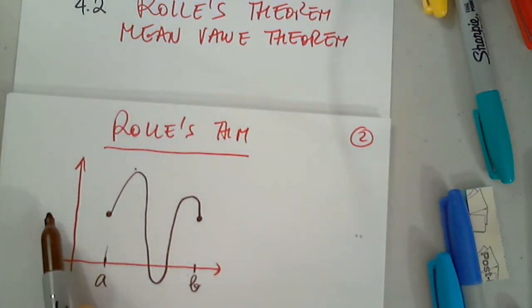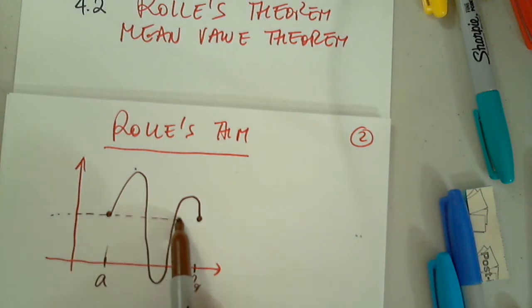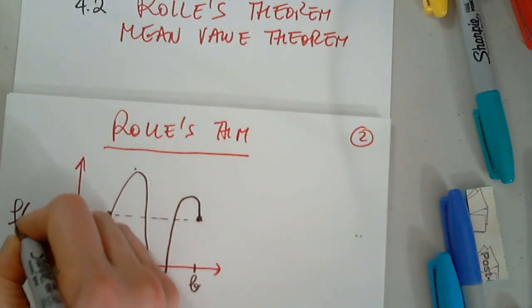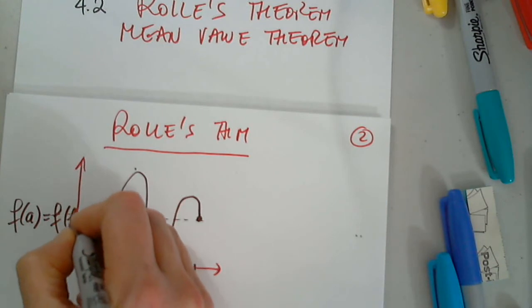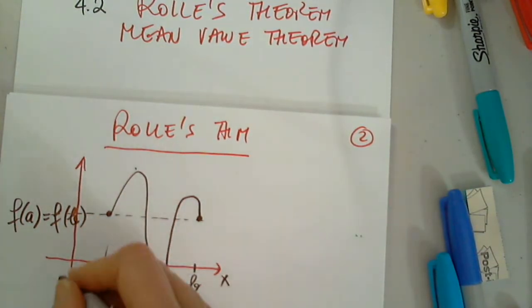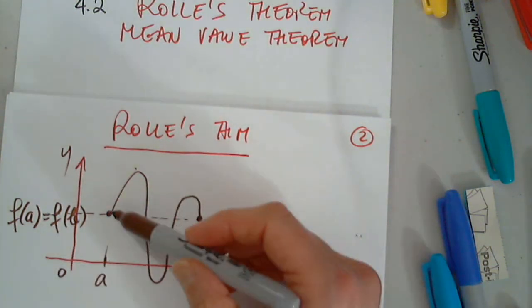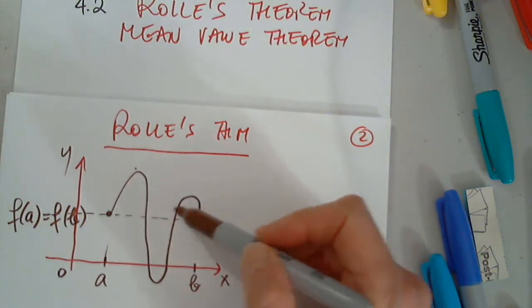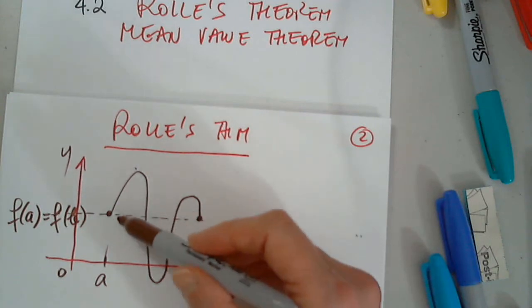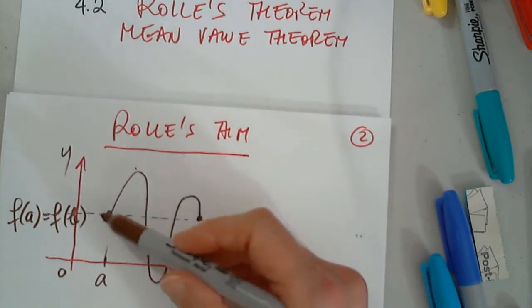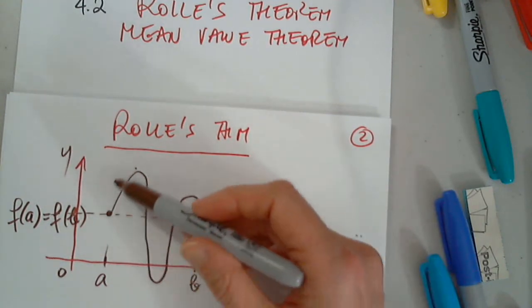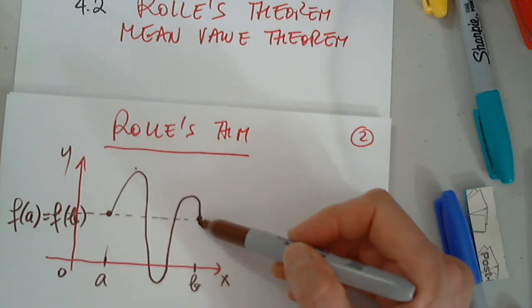Doesn't matter. But it starts and ends at the same y value. So f of A equals f of B by construction. It doesn't have to do all this. It can just go simply in one shot, either from above or from below, or can do as many times as you want, till here.